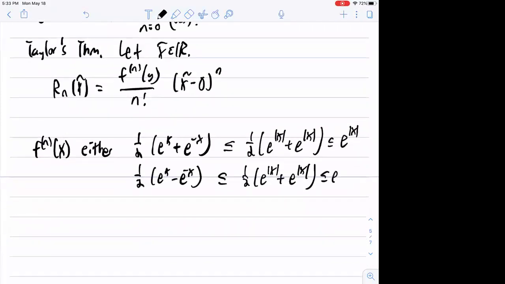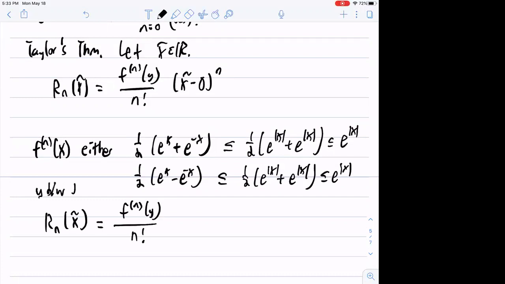Okay, but this thing, Rn of x tilde, is Fn of y for y between 0 and x tilde, right? So a priori, I don't know what y is, but I certainly know y is smaller than or equal to the absolute value of x tilde, because x tilde could be negative, but I'm certainly smaller than the absolute value of it.